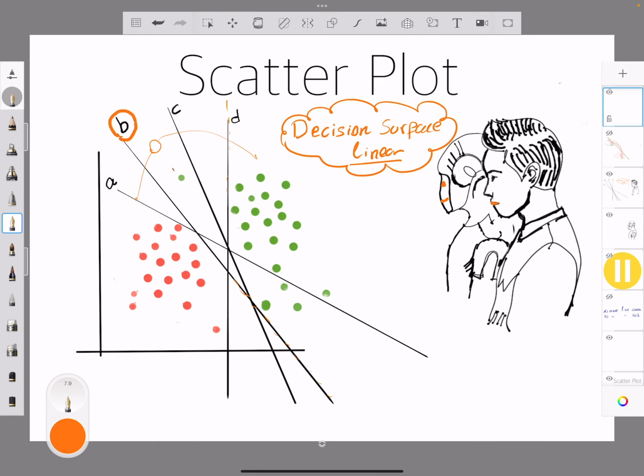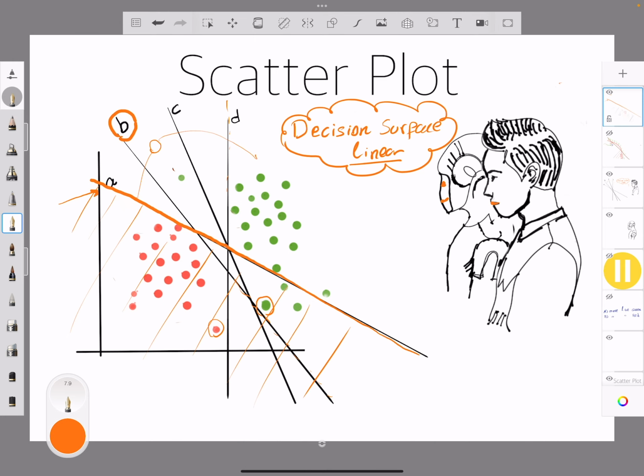If you look at A, this surface here, it will definitely not be a good choice because it misclassifies our existing data, because in this side of the region we have green, we also have red, so this is not a good idea.